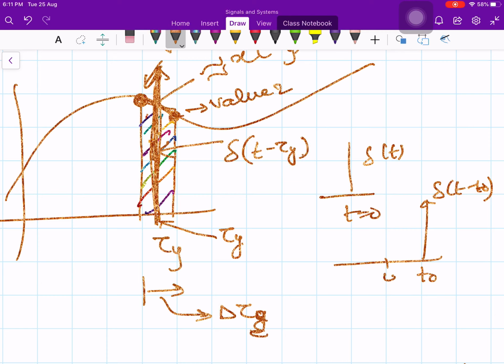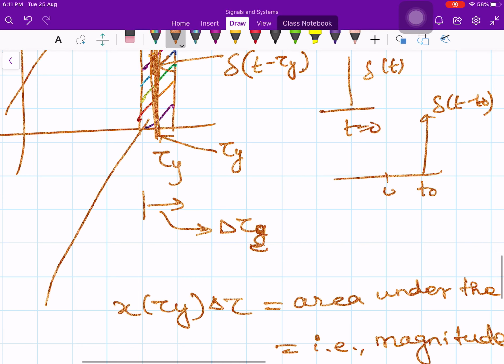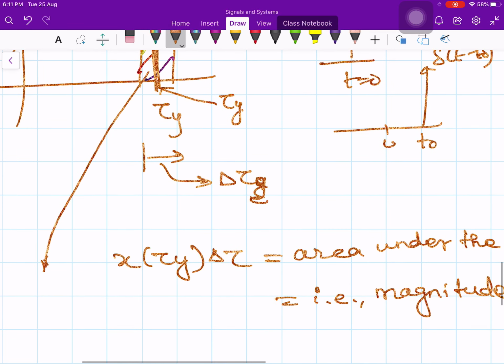Therefore, roughly you can write this impulse as the area, x of tau y times delta tau, multiplied by delta of t minus tau y, since it is located there.